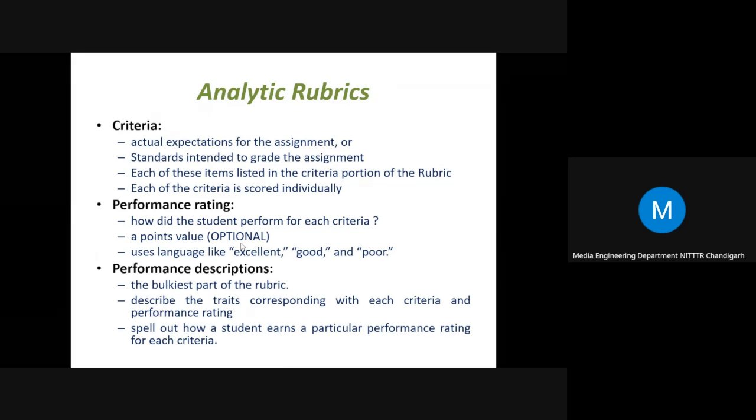Performance descriptions describe how a student earns a particular performance rating with respect to a selected criterion. They describe the traits or actual meaning of a particular grade for a chosen criterion. Generally, it is the bulkiest part of the rubric, both when designing the rubric and when applying it. Performance descriptions are a very important part, but also the bulkiest.